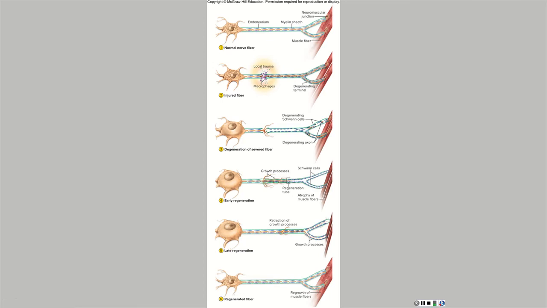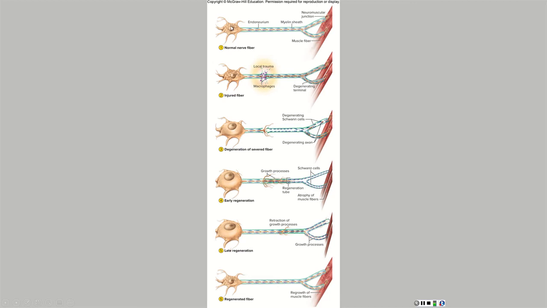Now, this can take a few days, this can take a few years, but in some cases it doesn't happen at all. So what is it that determines if regeneration can occur? Well, first, it's going to be, where was this neuron damaged? If the axon was damaged, but the soma remains intact, it's a pretty good bet that this neuron can regenerate.